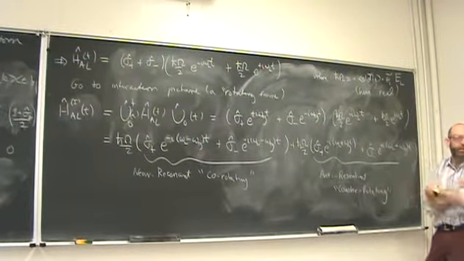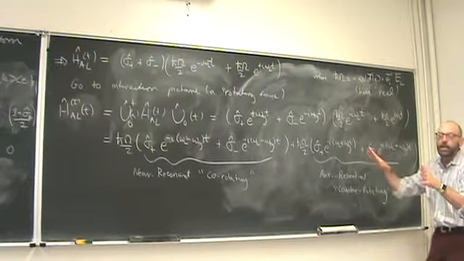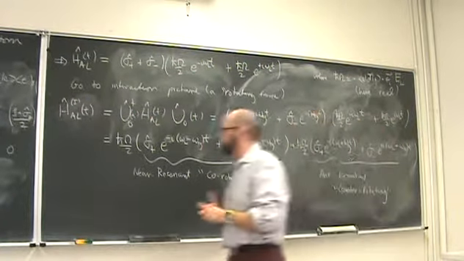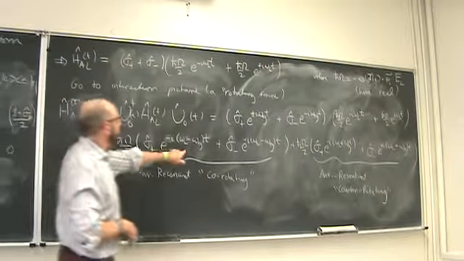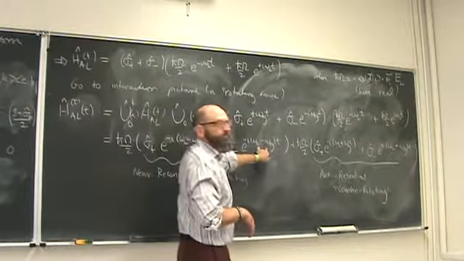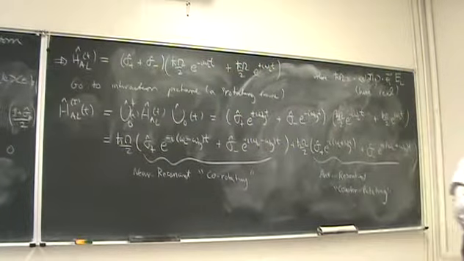It's a rotating frame. And if we then look and we expand out, we get these four terms. We get the terms that are what I say near resonant, and the terms that are anti-resonant.